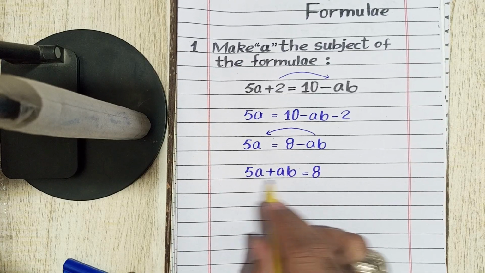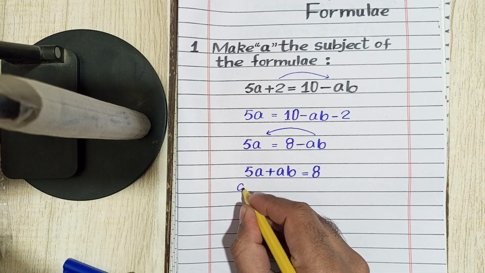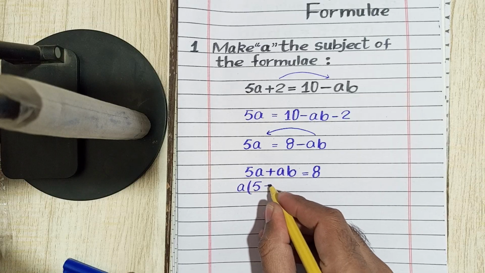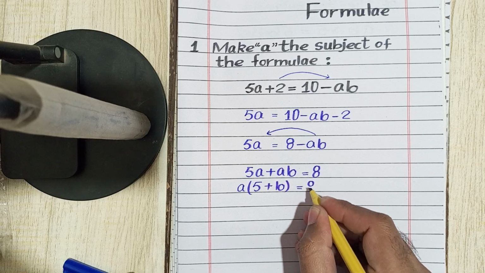Now here we have a common, so we take a common on both sides. So here we have a times 5 plus b equal to 8.